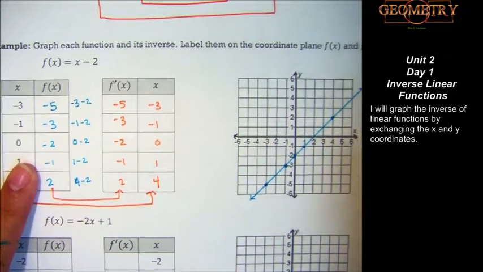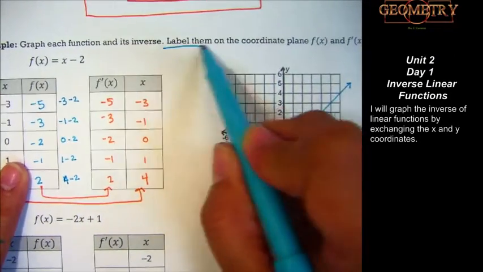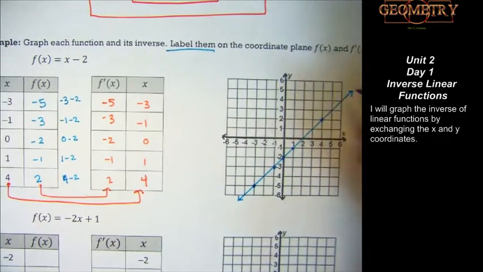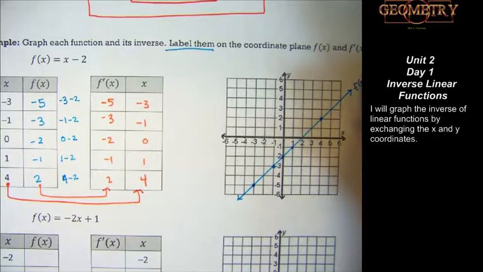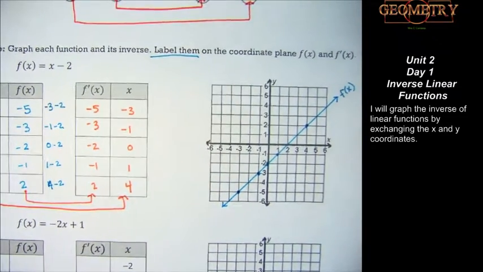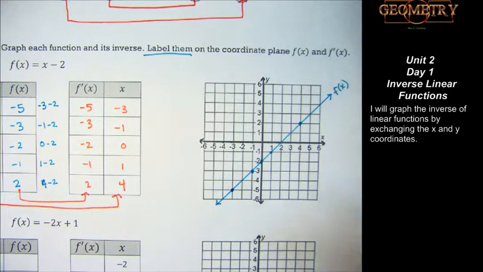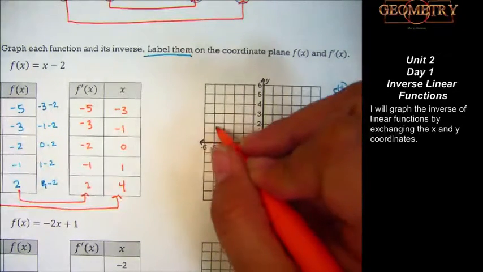And my directions say to label them. I did them in color, so that should be obvious, but I'm going to go that extra step and label them also, just to make sure that it's clear. So there's my f of x, and now I'm going to label my inverse, my f inverse of x. Graph that and label it.